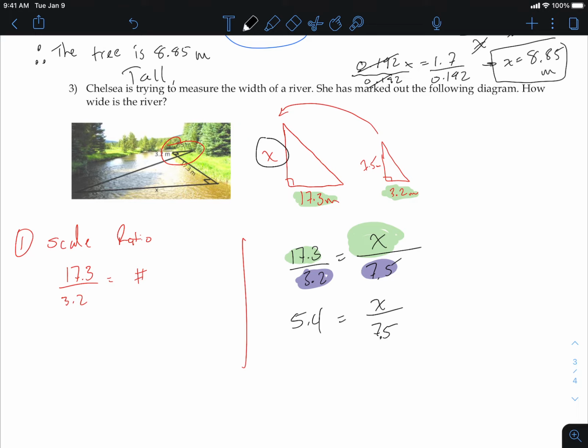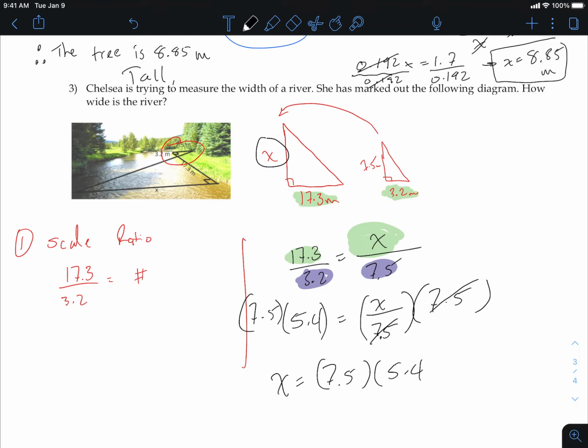How do I get x by itself? Multiply both sides by 7.5. Right? 7.5 cancels 7.5, and you're left with x equals 7.5 multiplied by 5.4.